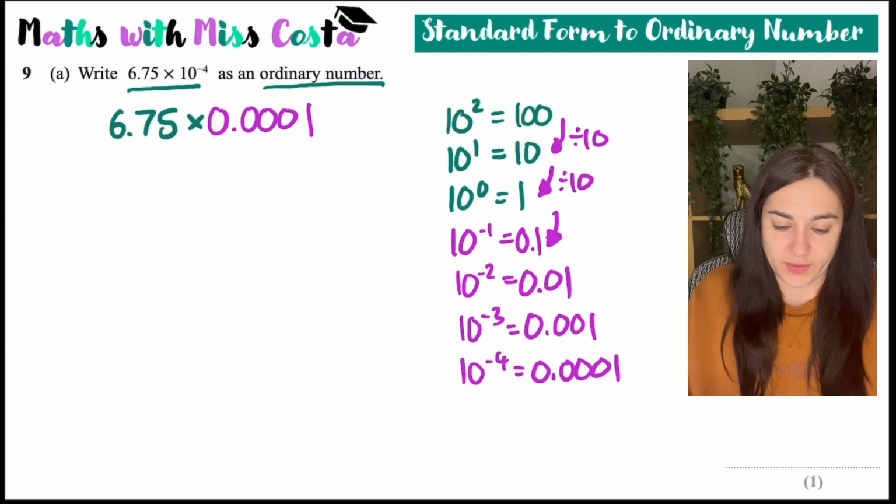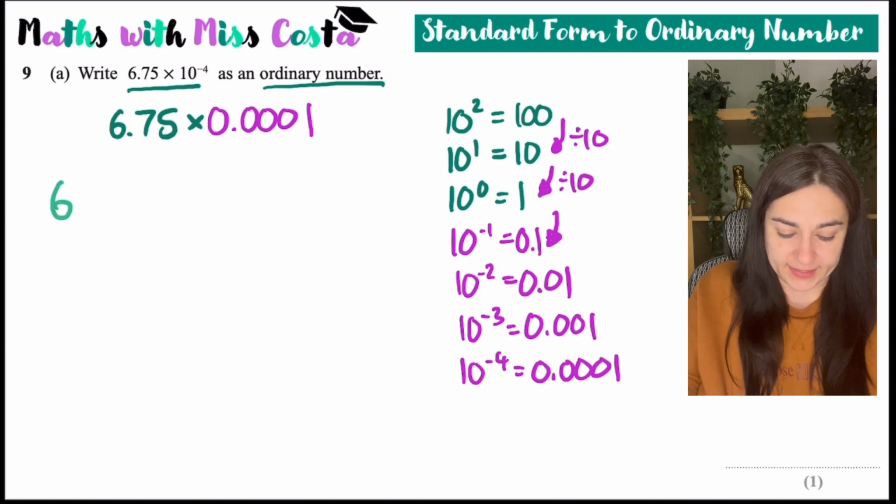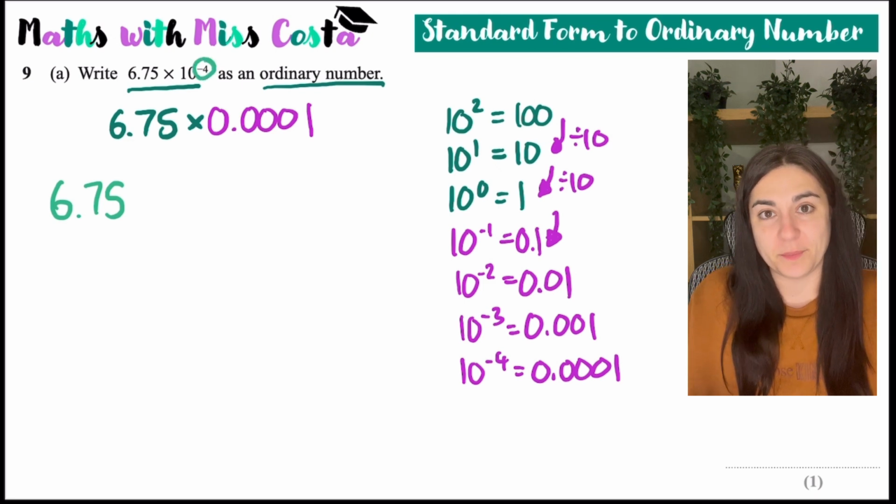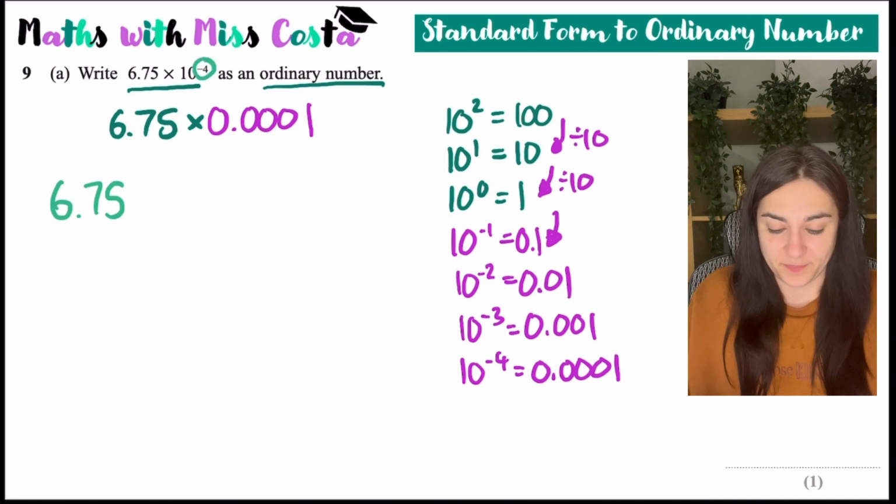Or what you can do is think to yourself, okay, so I've got 6.75 and it's multiplied by 10 to the power of minus 4, which tells me that my number is going to start 4 digits after the decimal point, or you can do it as how many zeros are in front of the start of your number.